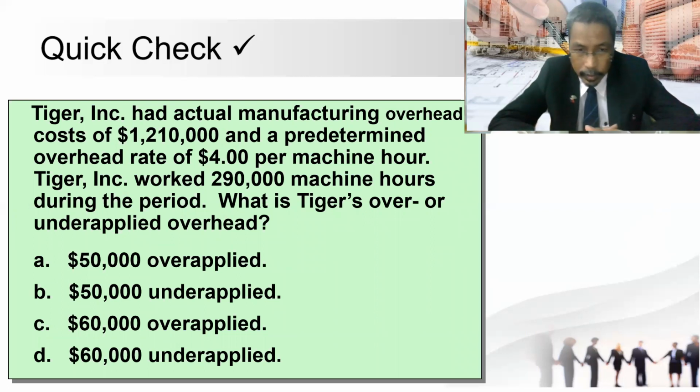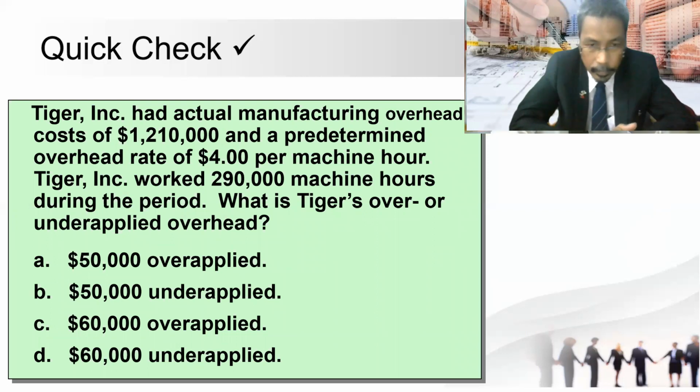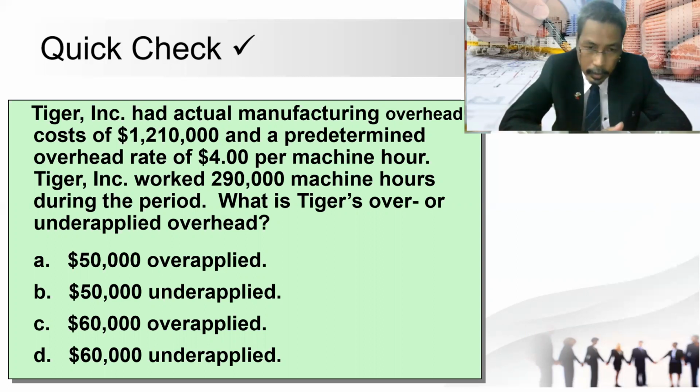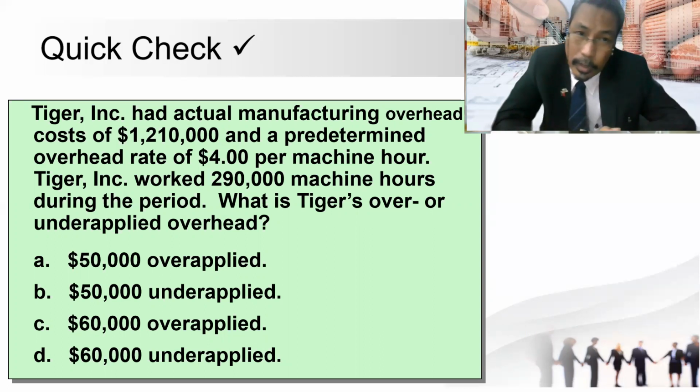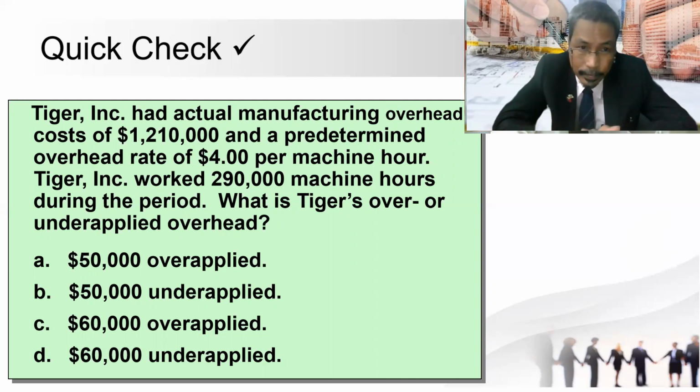So 4 times 290, what is that? 4 times 9 is 36, so $1,160,000. So 1,160,000 is less than the actual of 1,210,000.